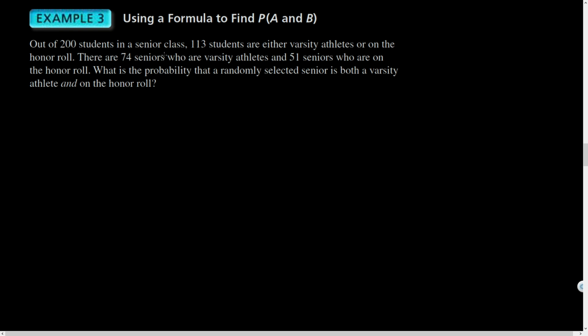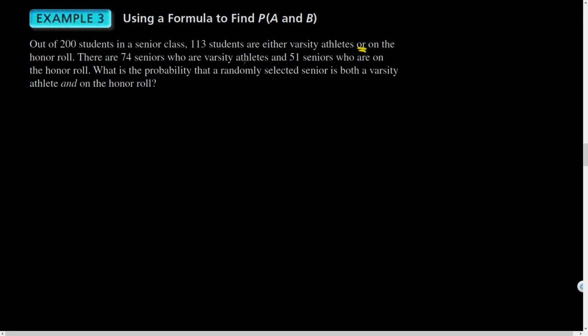So out of 200 students in a senior class, 113 are either varsity or on honor roll. Now I don't know how that works. Okay, so you got to be careful. We already have or logic. Now we've got to consider: is it possible that there could be students on both? And then that's what they tell us.